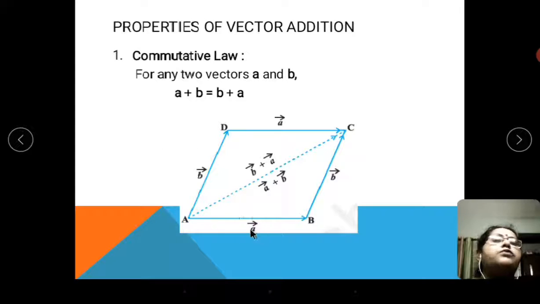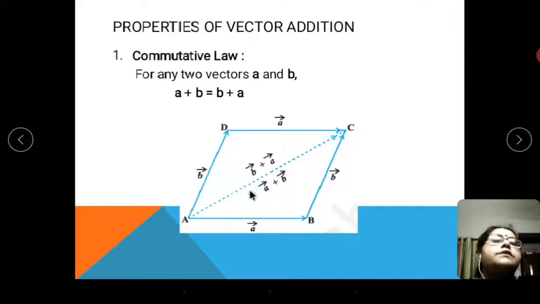So we have two vectors A and B, which form the two sides AB and AD of the parallelogram ABCD. Now see, if we consider the triangle ABC, then AB plus BC is equal to this third side AC.